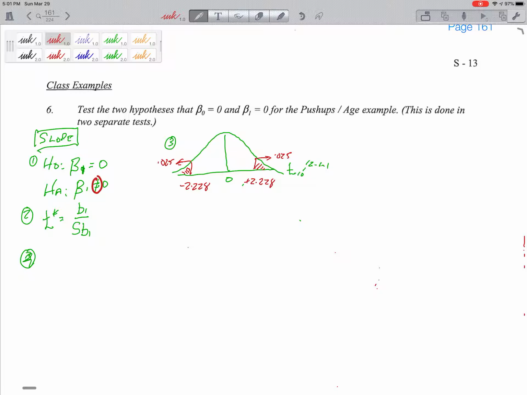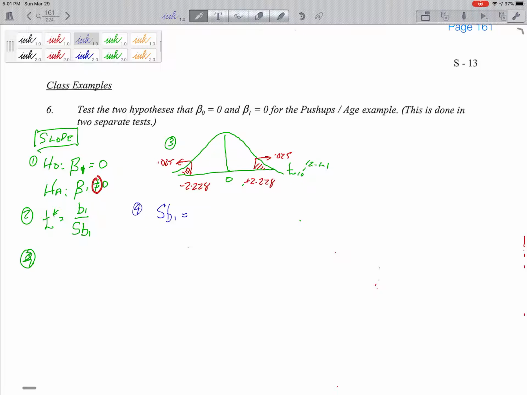All right, now let's go and take the sample. We get the sample statistics. We stick it into the formula. And first we need to calculate the SB1 value.